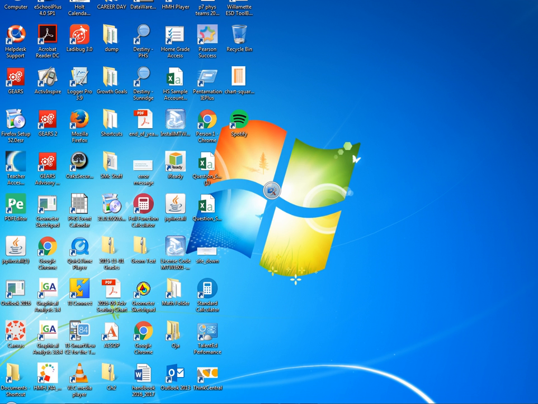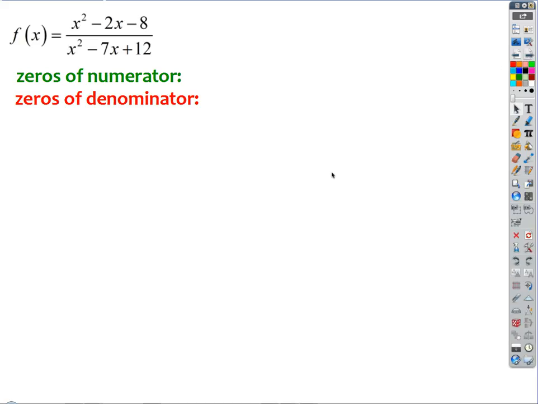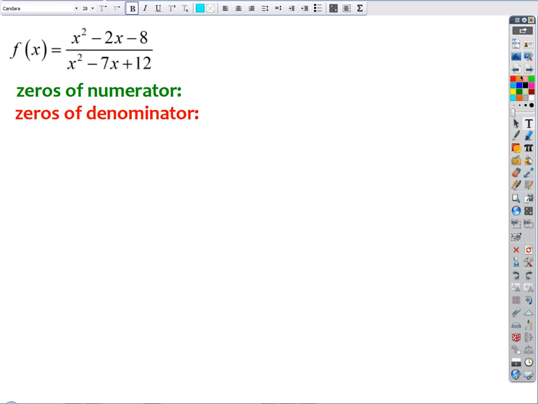So how about one like that? I think that we didn't quite get to one like that, did we? Pretty sure. Okay, I'd like you to try to find all that information for this one. So I want the zeros of the numerator and denominator. And then also, while you're at it, let's answer the questions.